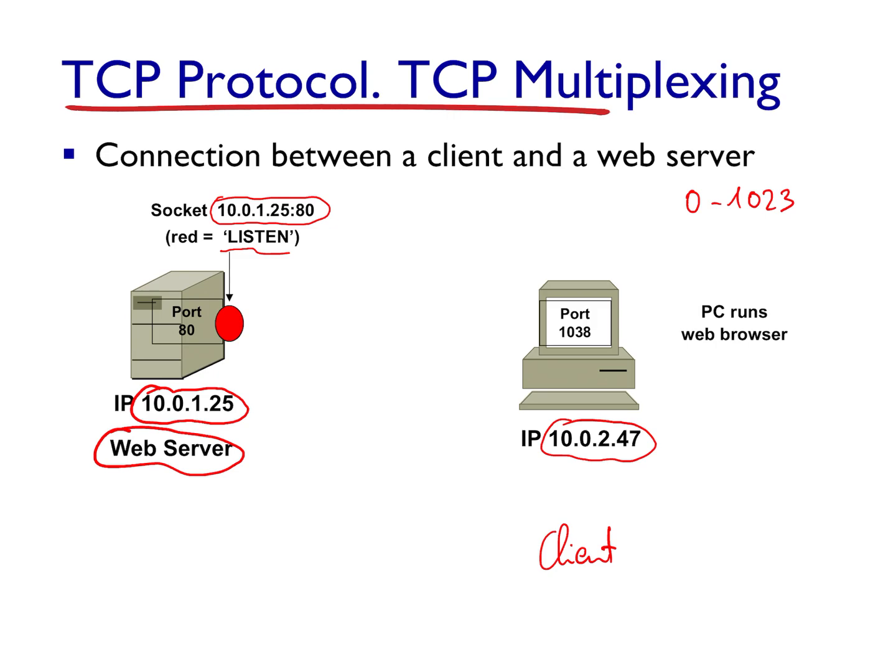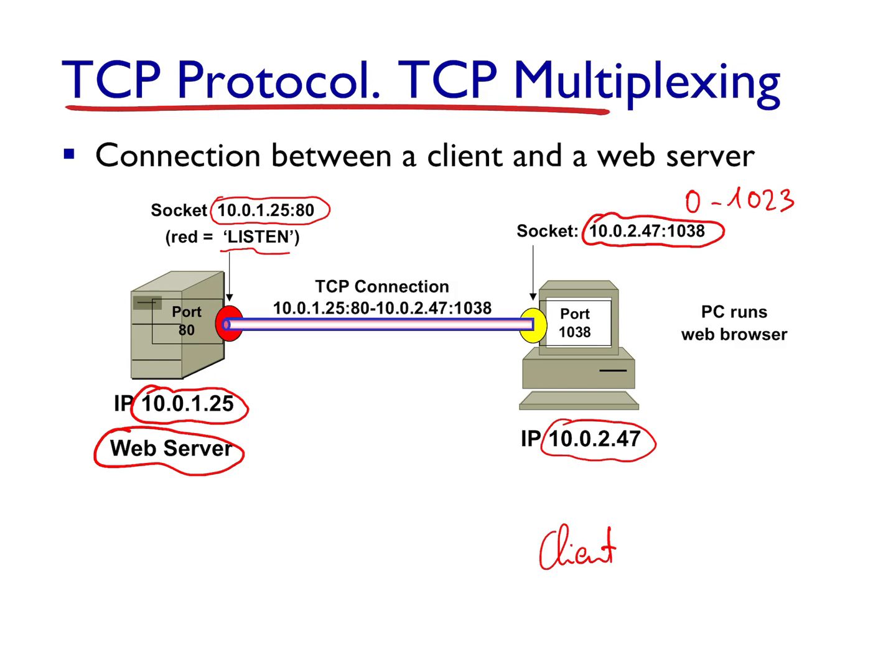So in this case, we need a bigger number for the source port. So the socket is created, the composition of IP address and the source port, and then the TCP connection is established and identified by means of two sockets. At the end, 4 values, 2 IP addresses and 2 ports. So we have 1 connection and 2 sockets.